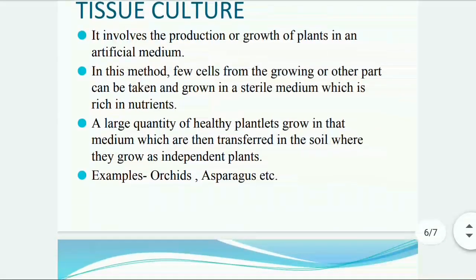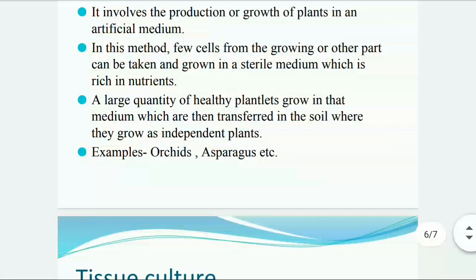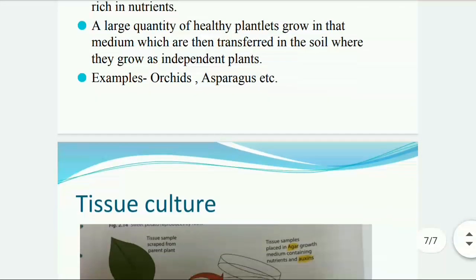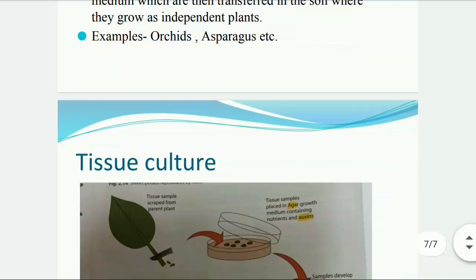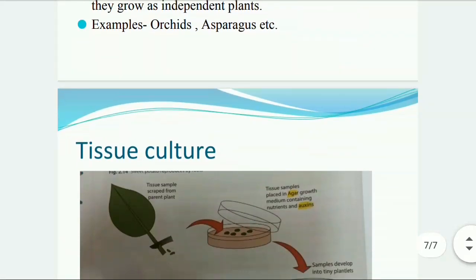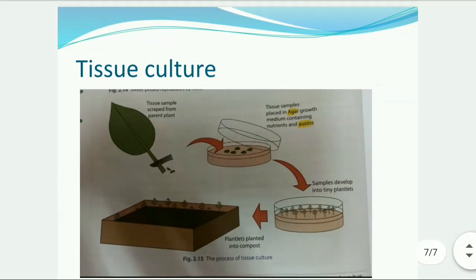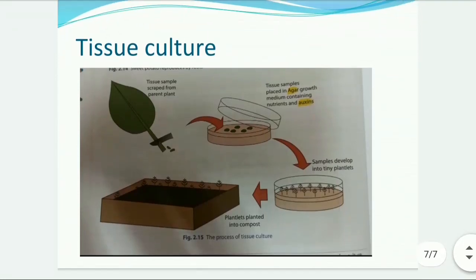Now these cells which are kept in the medium grow into small plantlets in a few days, which are then transferred into compost, and then they can be transferred into soil. Examples are orchids and asparagus. You can see here in this picture, a few cells are taken from the petiole of the leaf.